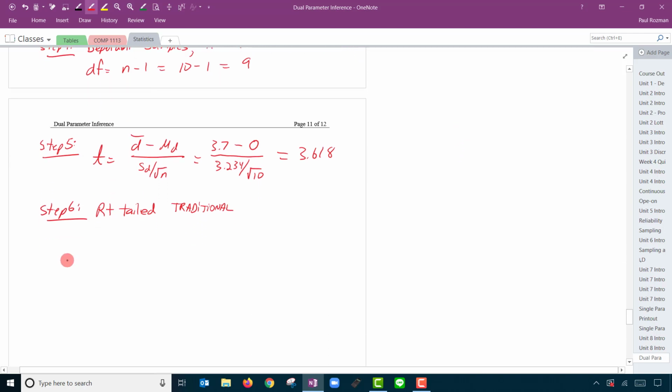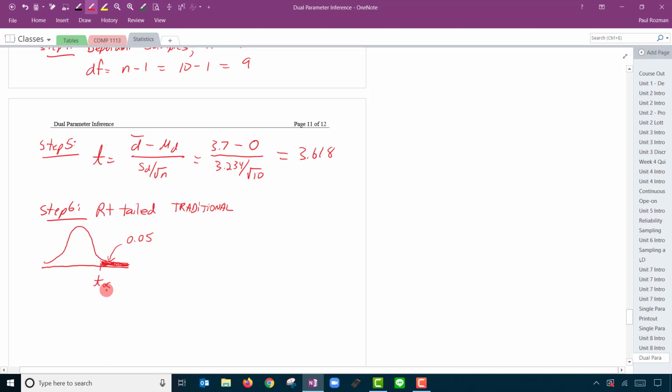Before doing the traditional version, we're looking for a critical value. It will be on the right side. T with a subscript alpha, where the area to the right of that value is alpha. In this case, we chose that to be 5%.